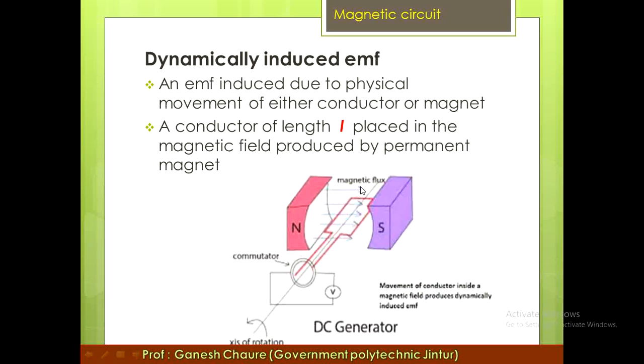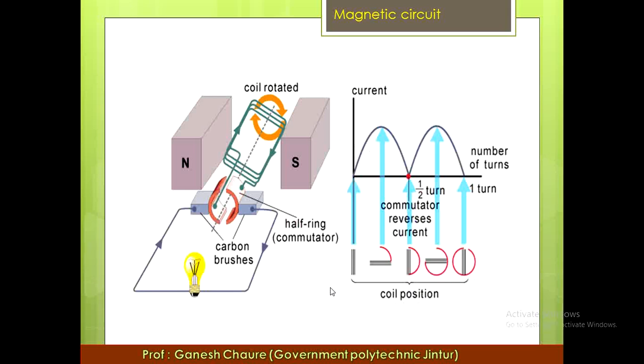These are the magnetic lines of flux, and this coil is connected through the commutator to the voltage. This is the DC generator principle, which is based upon dynamically induced EMF. See here, the rotation of the coil. If the coil is rotated in the magnetic field, an EMF will be induced in that coil. See here, the lamp is glowing, which means EMF is induced in that coil.